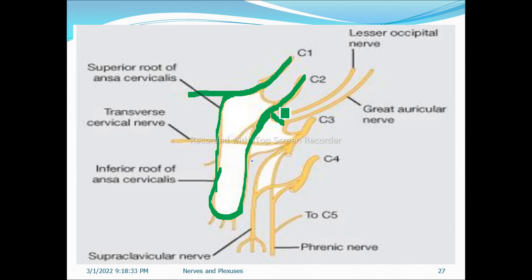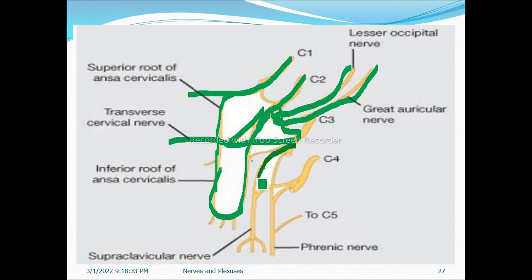From C2 there is the lesser occipital nerve. From C2 and C3 there is the greater auricular nerve, and also from C2 and C3 they form the transverse cervical nerve.